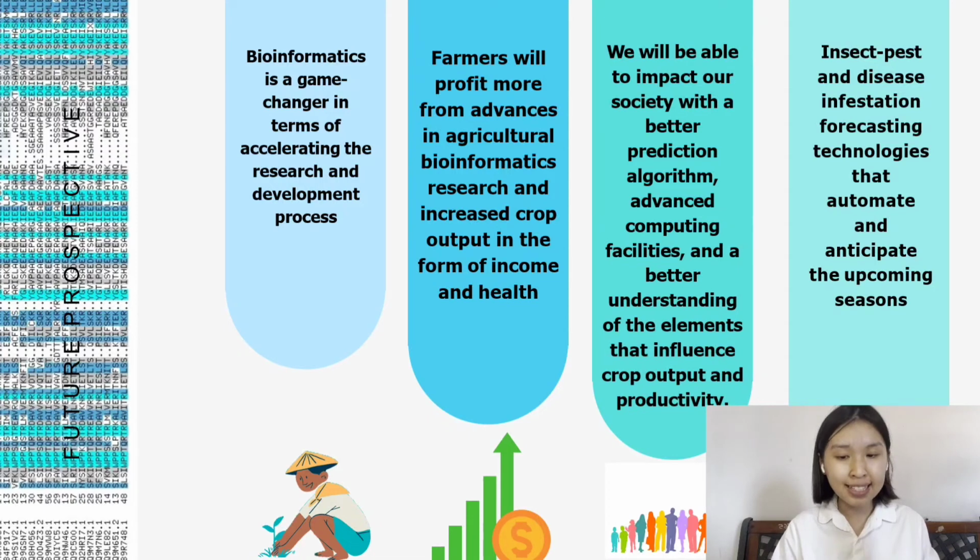And lastly, since pests will always be a top problem for farmers, there is a way to relieve the stress of these measures, which is insect pest and disease infestation forecasting technologies that automate and anticipate the upcoming seasons.